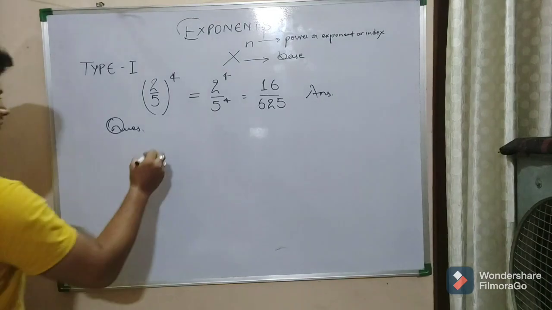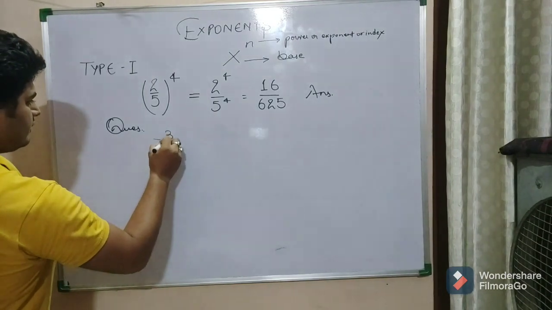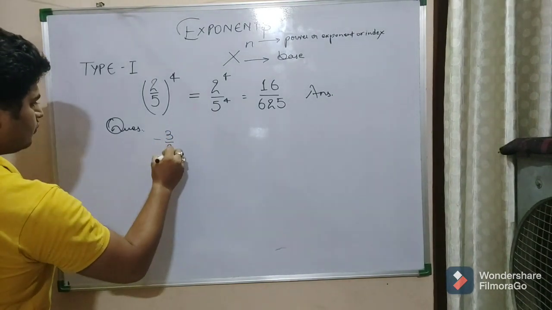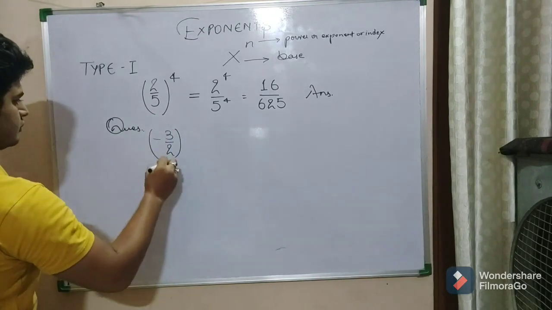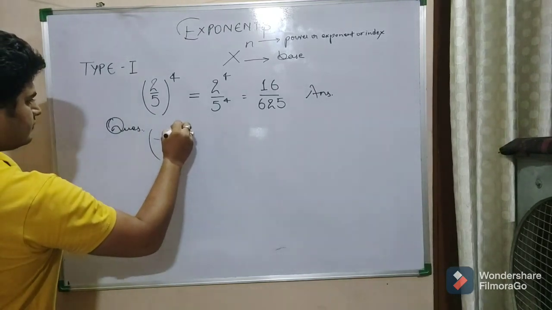For example, minus 3 by 2 raised to the power 3.